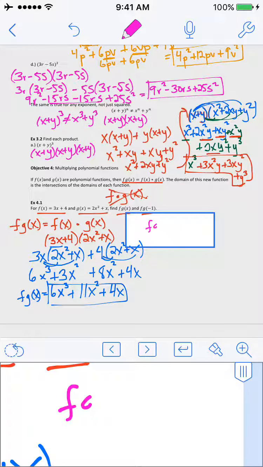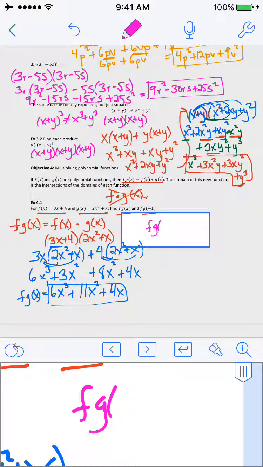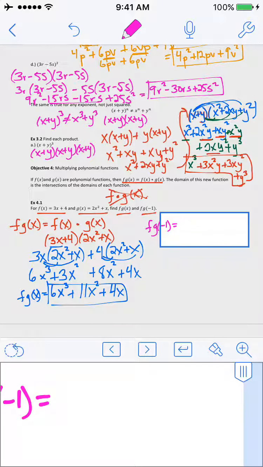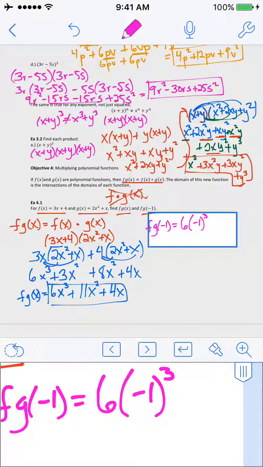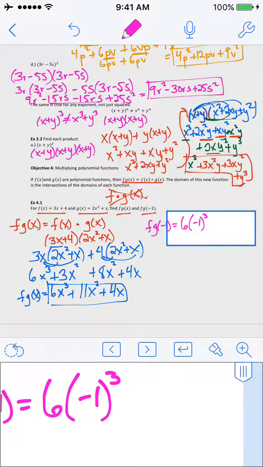So we're going to take f times g, the one we just found, and we're going to plug in -1, because that's what this little symbol means. It means take -1, plug it into the function you're calling f times g. Cool. So I will do that. 6 times -1 cubed. Notice the negative is in the parentheses because that's part of the question, not part of the function, right?